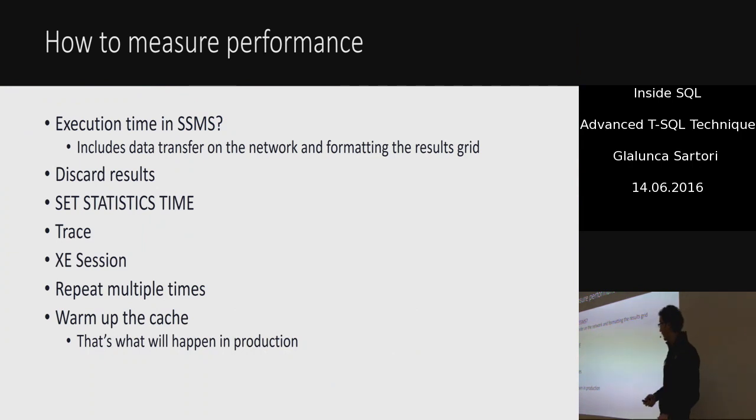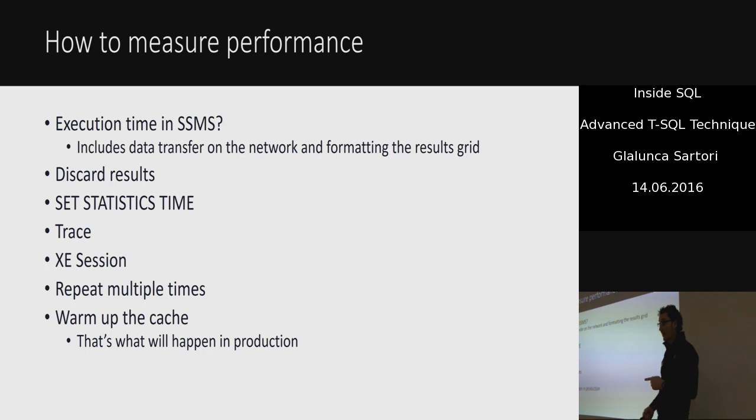And also, if we discard the results, it also discards the messages, which is where you get the information from SET STATISTICS TIME, which is another possibility. So really, we're stuck. The only way to measure correctly the performance is to trace the execution with a SQL trace or an extended event session, and then pull the time from that trace or extended event session.